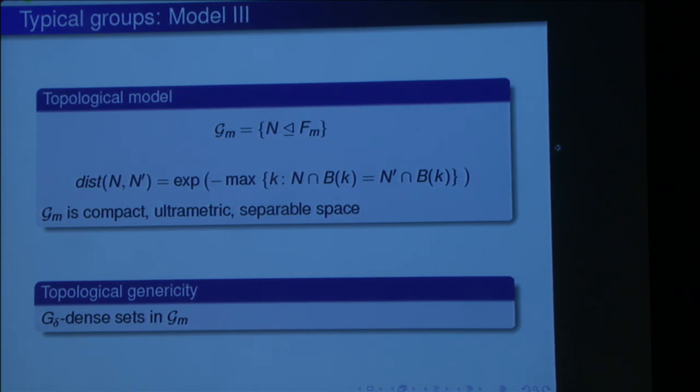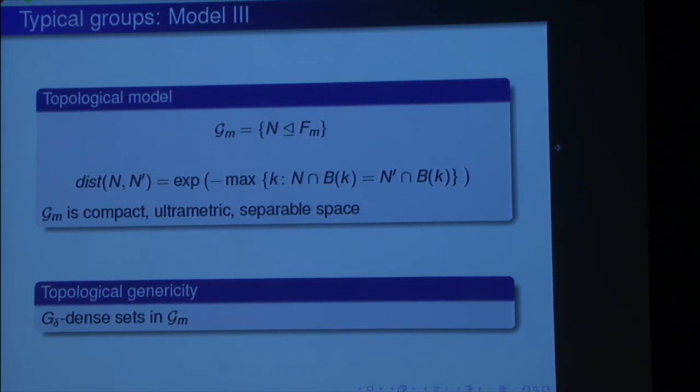Okay, great. So this is just natural to consider these G-delta dense sets in this topological space. Whatever topological space you have, if you would like to study a generic subset in this space, then you consider this.